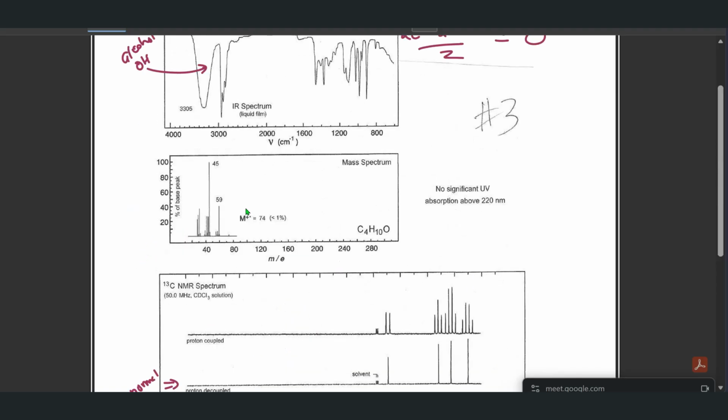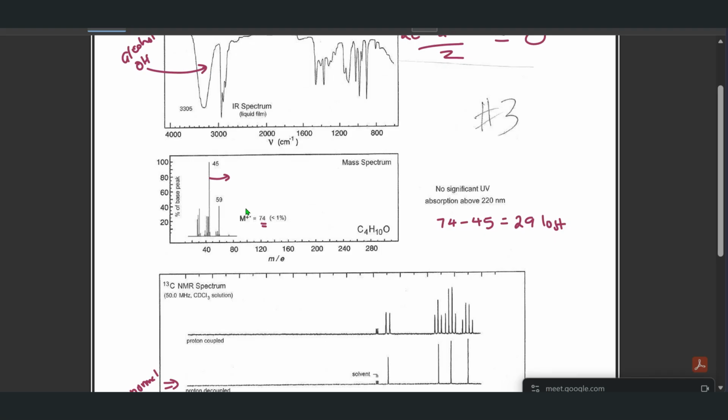What is the fragment here? 45? I have no idea. I guess I could do 45 minus 16 with the oxygen. The M plus is supposed to be 74. So what was lost here was 29?